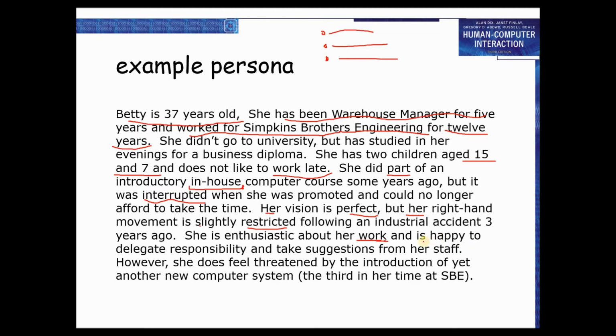Another property given about her is that she is happy to delegate responsibility. So delegate responsibility, what does it mean? That she is happy to give the control and power to the workers who are working under her, to her subordinates. She likes to give power or control. So I will give you an example.